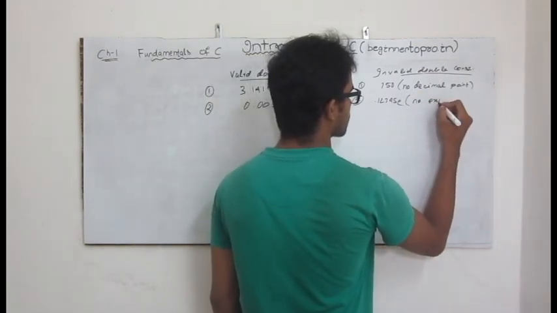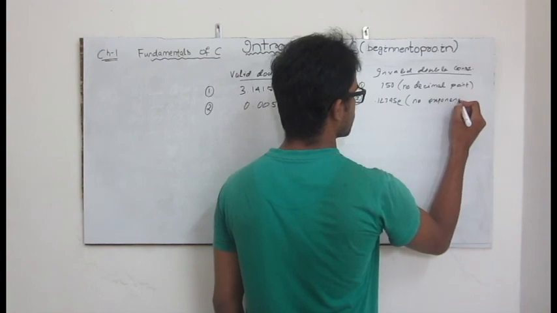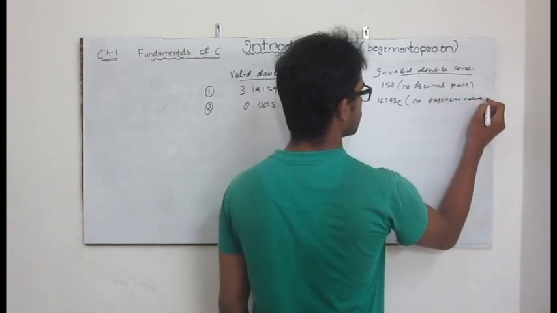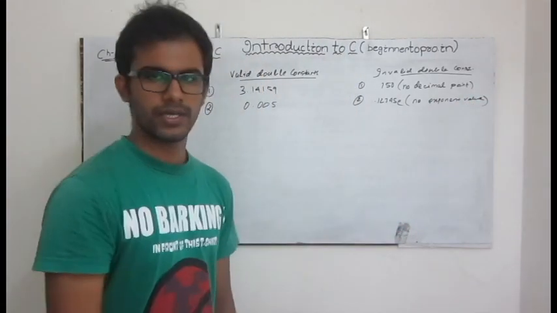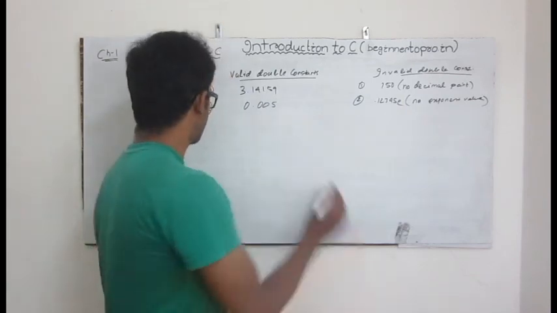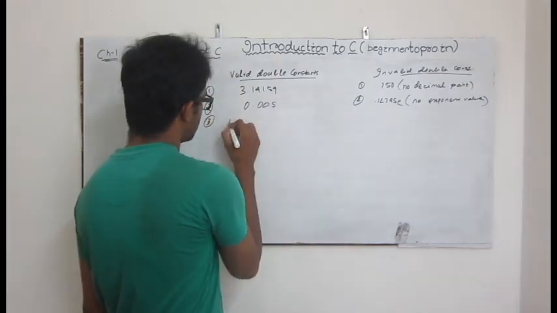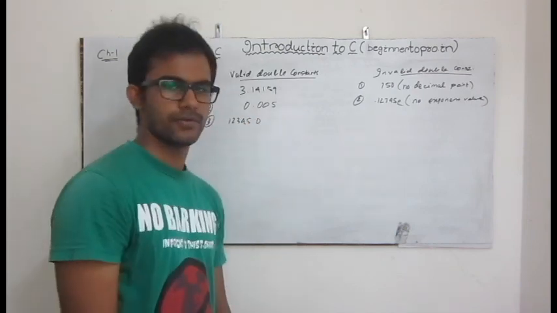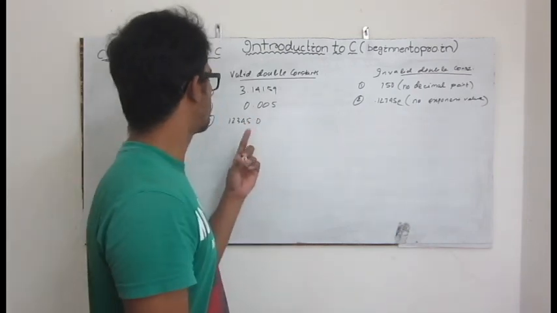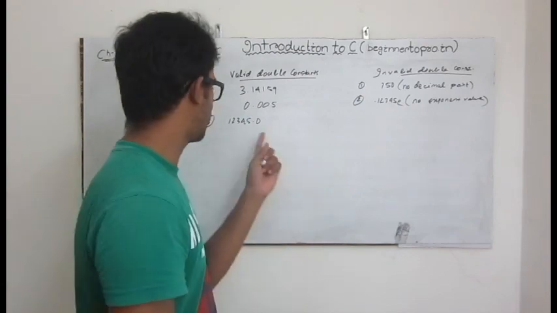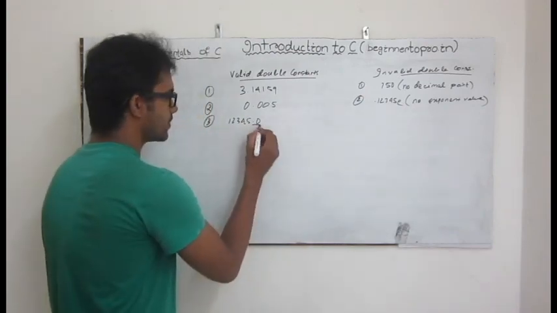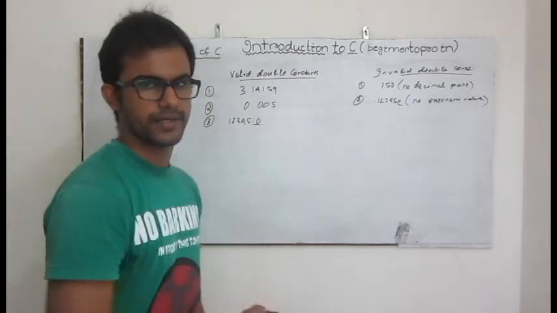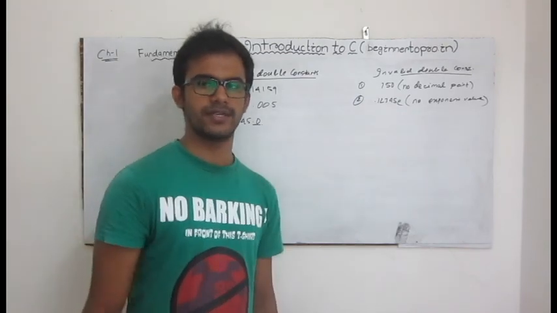No exponent value. Okay, so our next point is 345.0. This is also valid. If I remove these two parts, the point and zero, it becomes invalid.